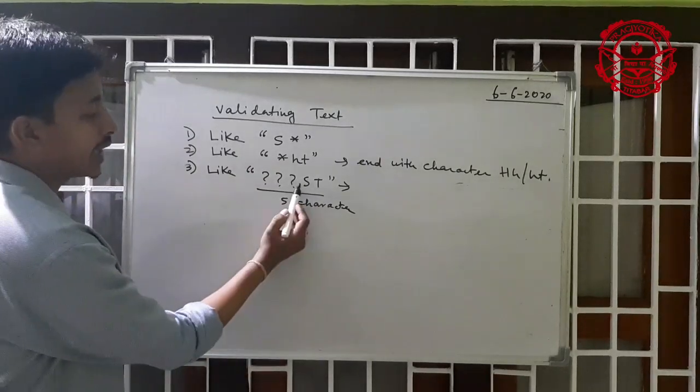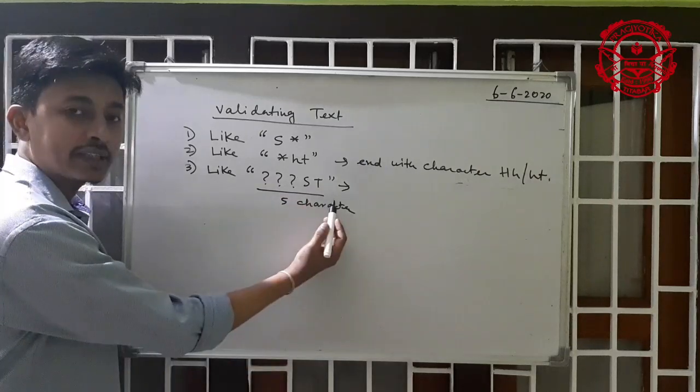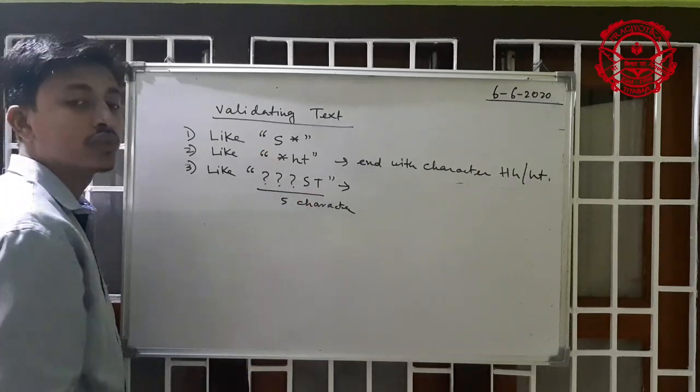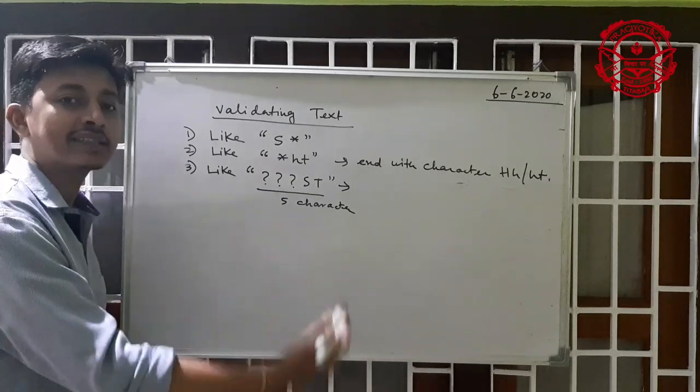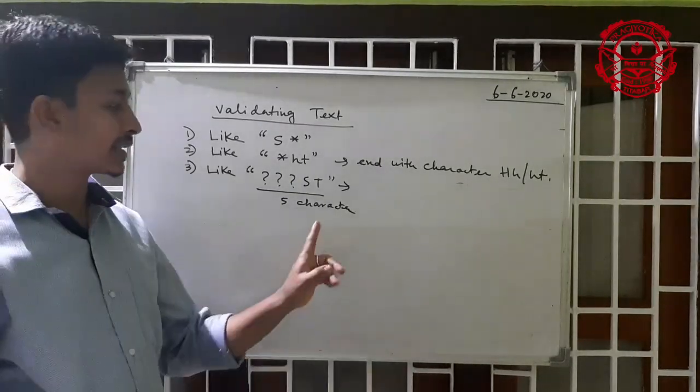The last 2 characters should be st. It should be 5 characters and the last 2 characters should be st. So that's why it accepts 5 characters.